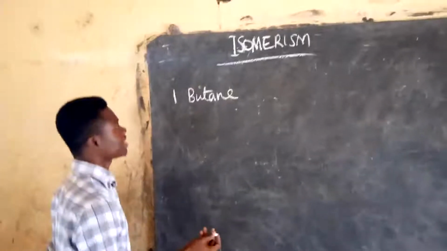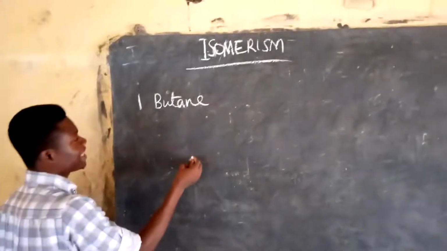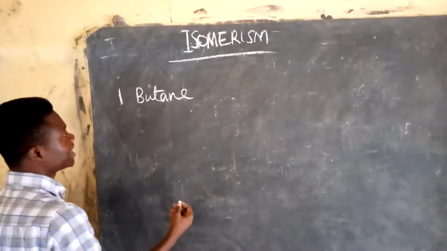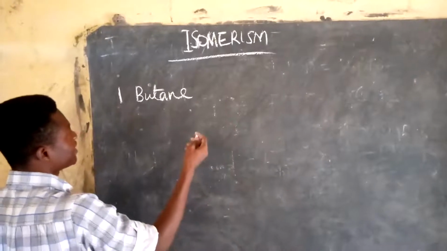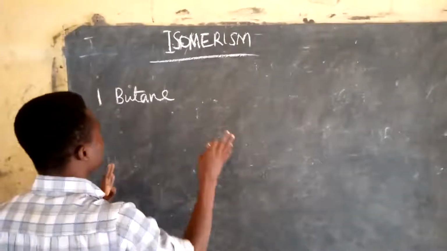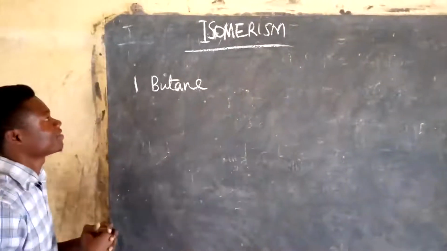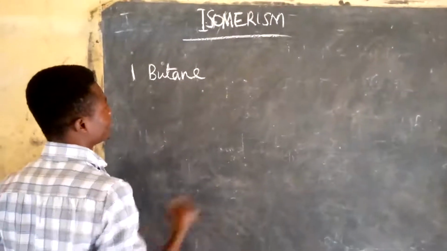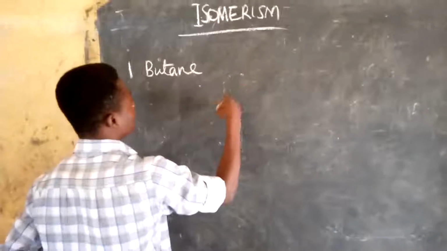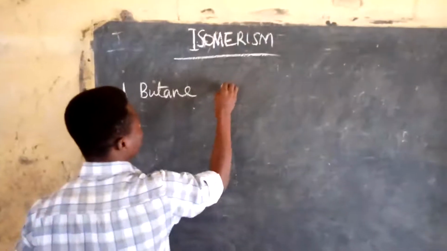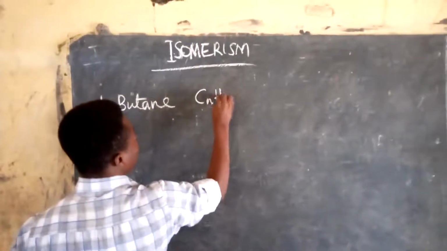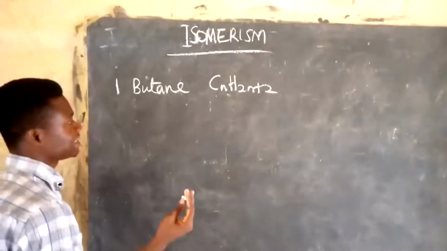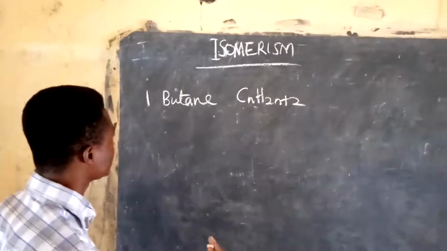So let's try and write the structural formula for butane. We know its molecular formula, which we wrote in the first tutorial. Let's always use the formula for you to get the molecular formula correct.